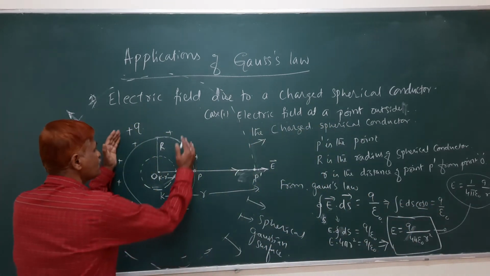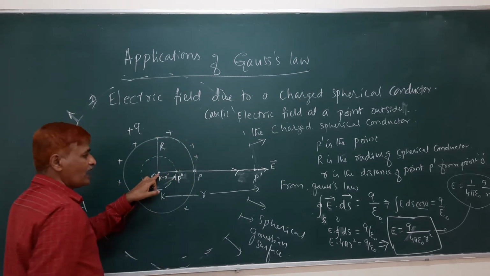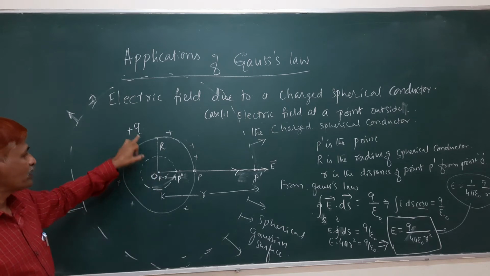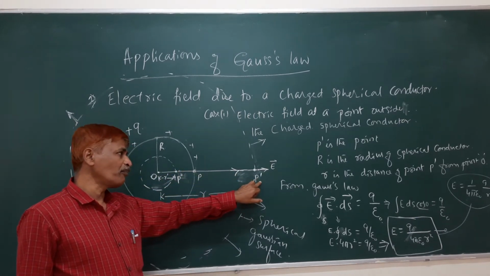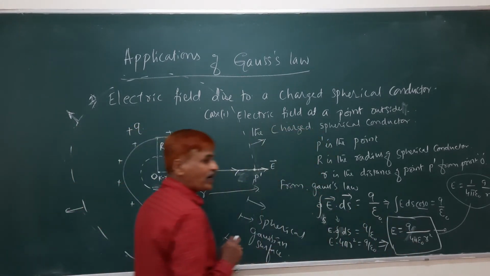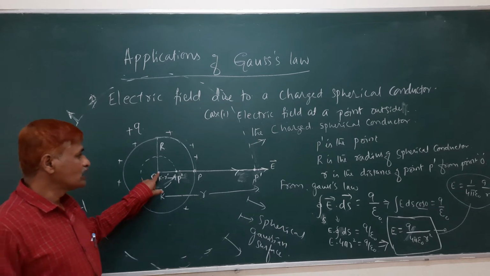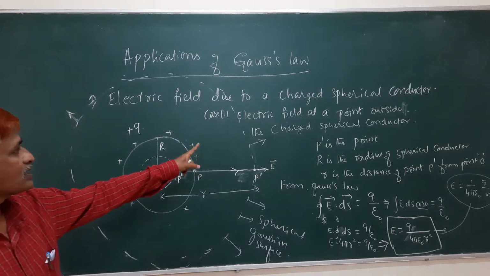Both are the same, meaning all the charges appear to be concentrated at O, and plus q is at O for an outside point P dash. E depends inversely on the square of the distance between the center and the outside point. This is case 1.